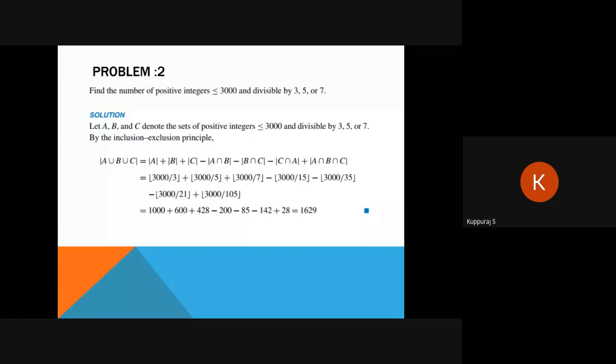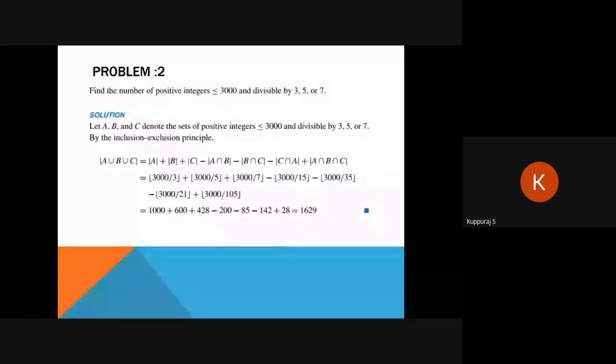What is modulus of A? That is the floor function of 3000 by 3, because A means the set of all positive integers less than or equal to 3000 and divisible by 3. Similarly, B is the floor function of 3000 by 5. C is the floor function of 3000 by 7. A intersection B is the floor function of 3000 by 3 times 5, 15.